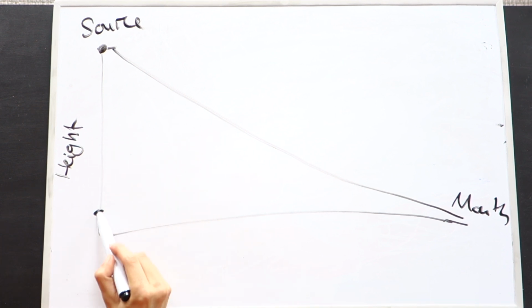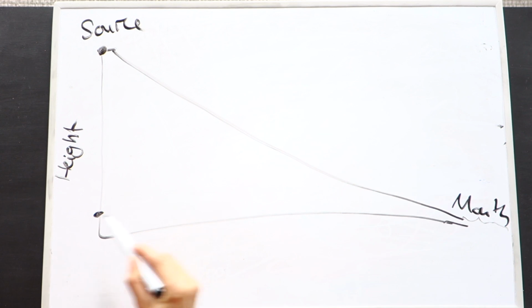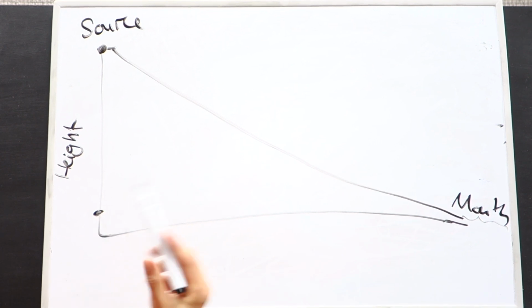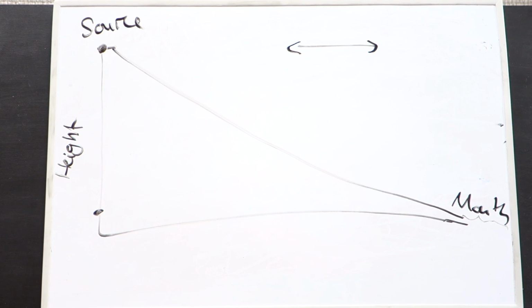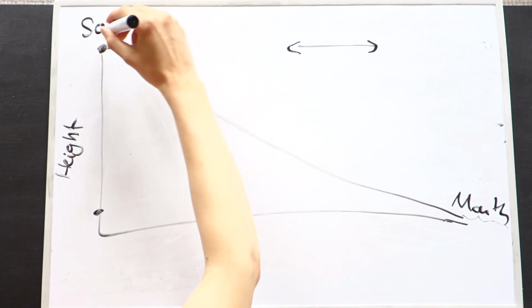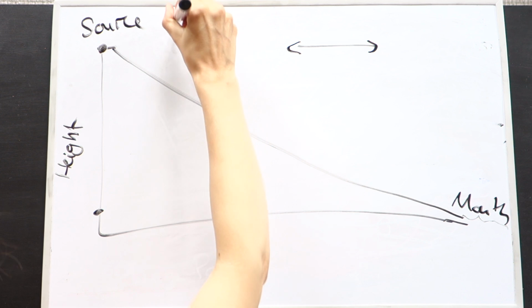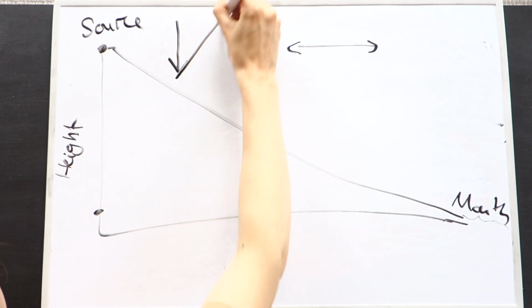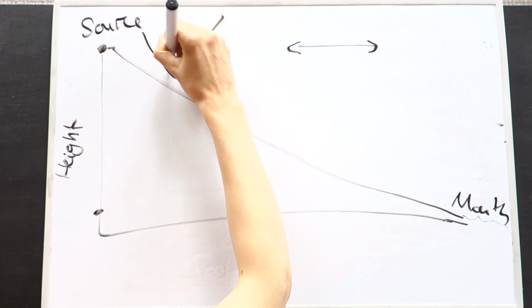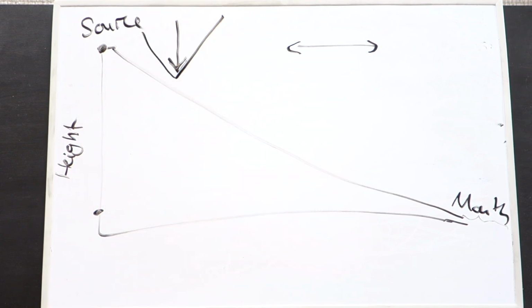It wants to be here at the level of the sea. So instead of eroding sideways, which we call lateral erosion, in the upper course, the river erodes downwards, it erodes vertically. And because it erodes downwards, it makes the land around it V-shaped.